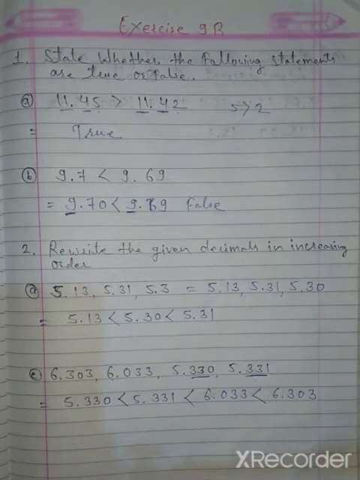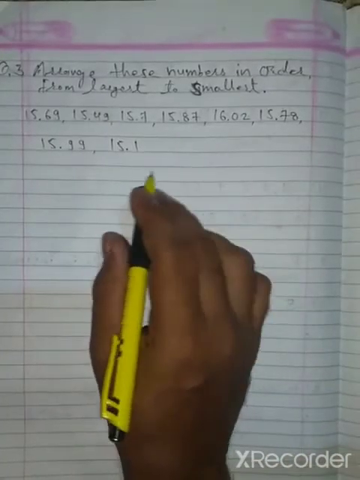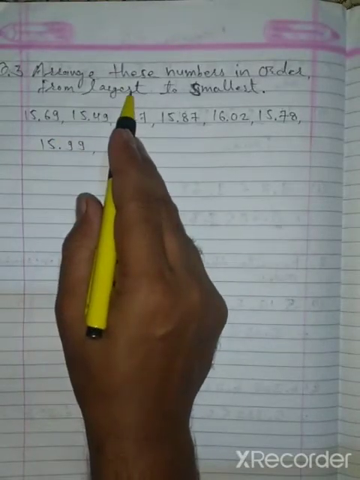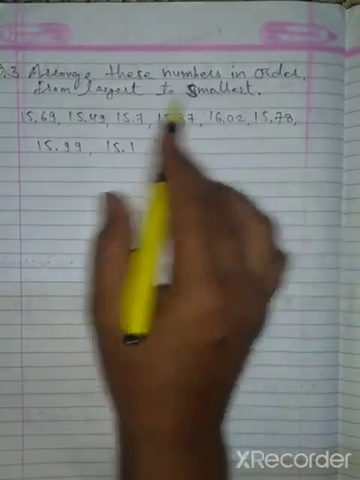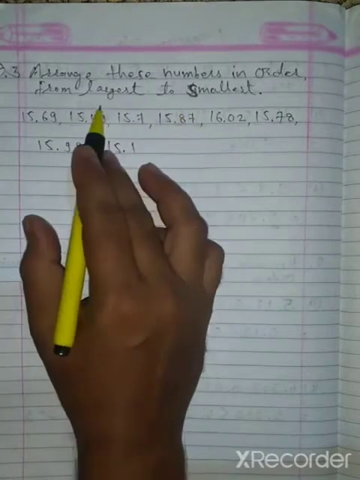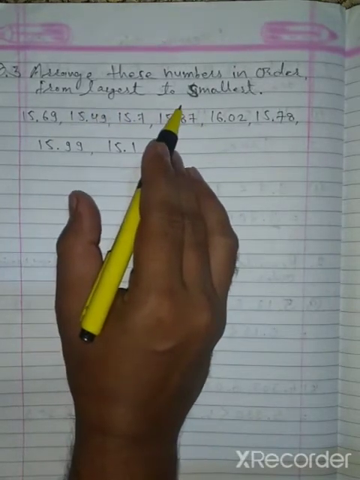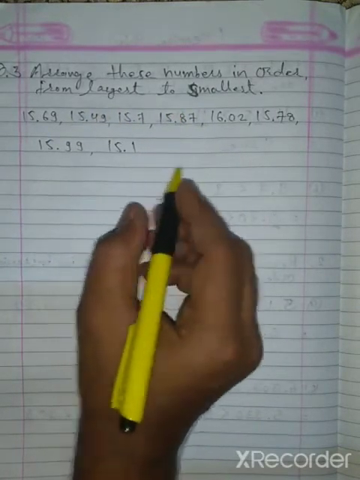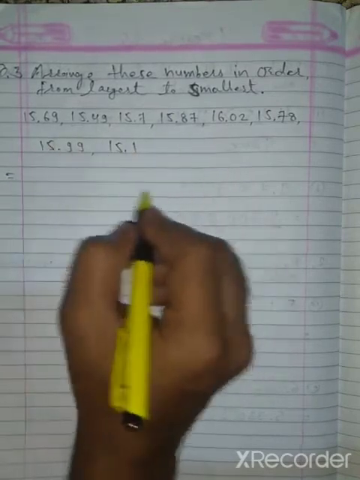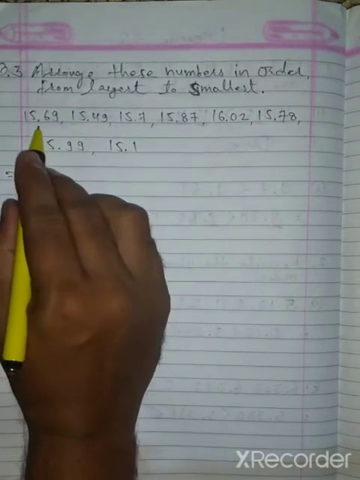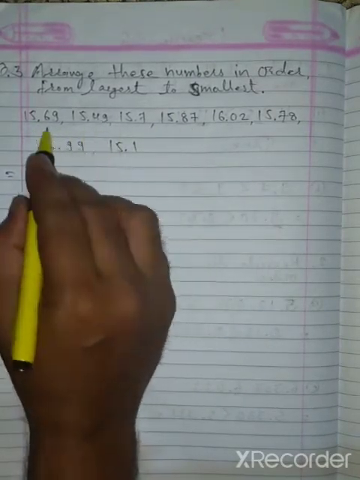Let's take question number third. Arrange these numbers in order from largest to smallest. Largest to smallest means you have to arrange in descending order. So descending, first of all we will find the greatest. Here we will convert into like decimals.